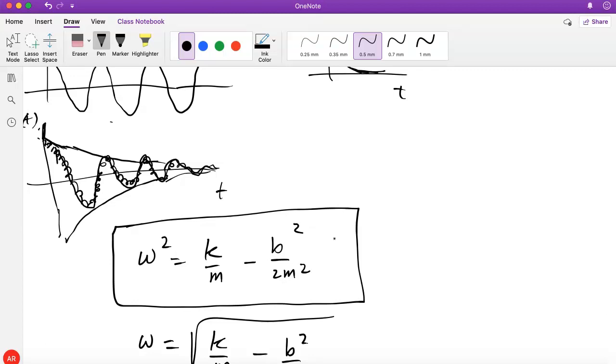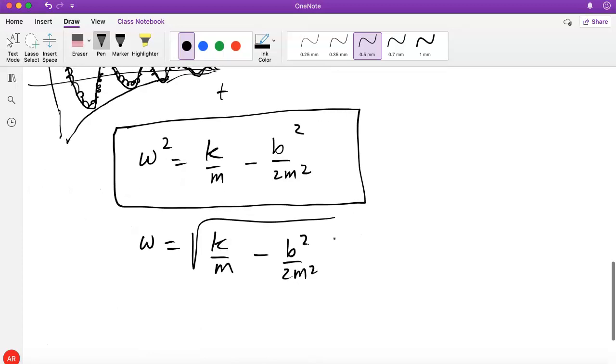The period has dimensions of time. Okay, so that's a summary of our understanding of damped oscillations in the presence of a linear drag force that's relevant to laminar flow.